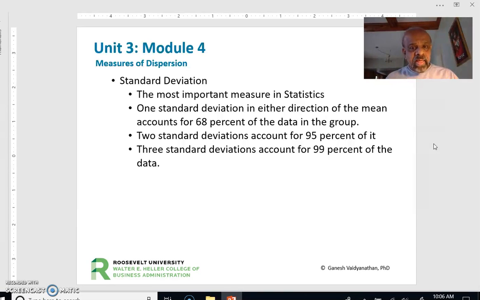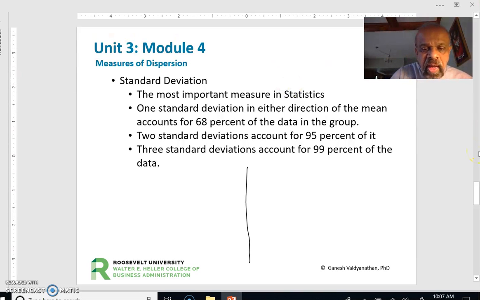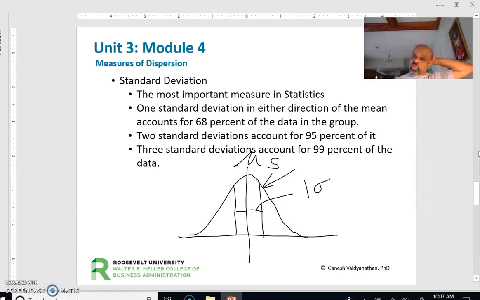Okay, so the idea is that if I'm going to have the making of the Coca-Cola cans in a normal distribution, and most of the things that we do in this world follow a normal distribution, and if this is the mean of the population, or the mean of the sample, whichever way you want to look at it, this portion is 1 sigma, which is 1 standard deviation.